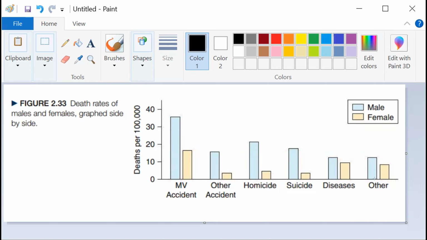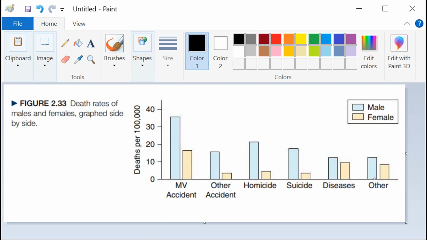And so this question was posed in the text, related to the fact that women have a much longer lifespan than men do. One of the outcomes you could get from looking at this chart would be to say, well, men are much more likely to die than women are.